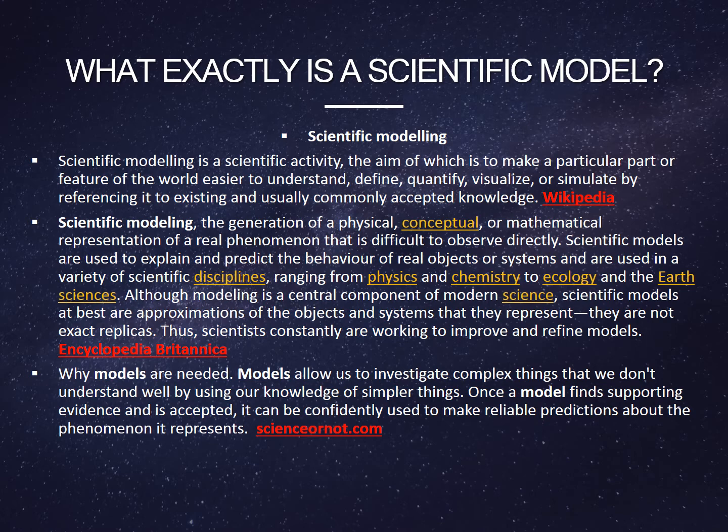Although modeling is a central component of modern science, scientific models are at best approximations of the objects and systems that they represent. They are not exact replicas. Thus, scientists are constantly working to improve and refine models. That's from Encyclopedia Britannica.